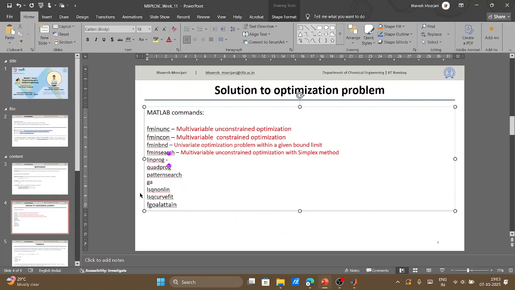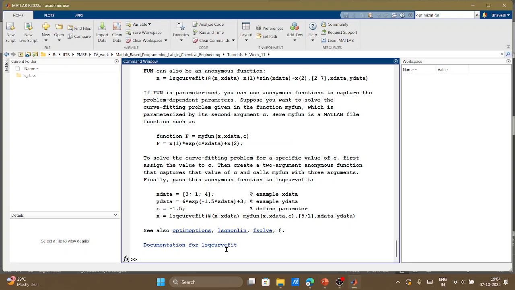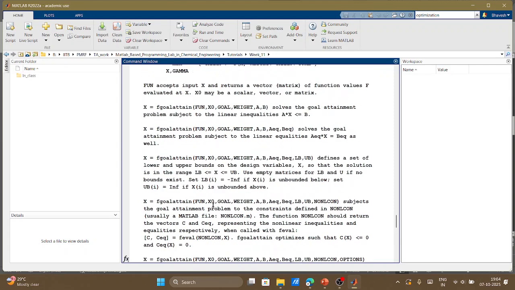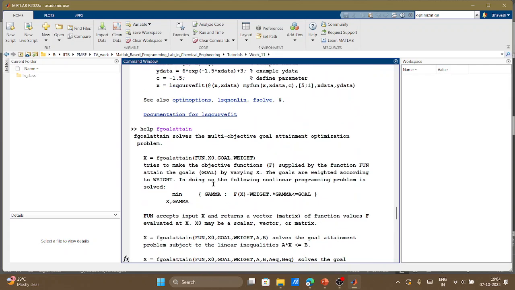Least squares curve fitting and nonlinear equation, and then fgoalattain, right? Help fgoalattain. So it solves multi-objective goal attainment optimization problems, right?